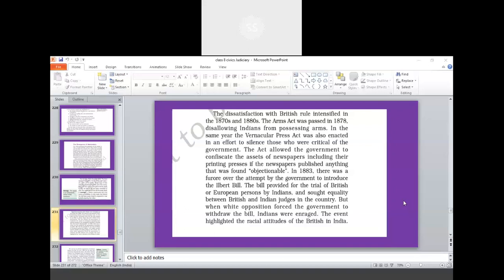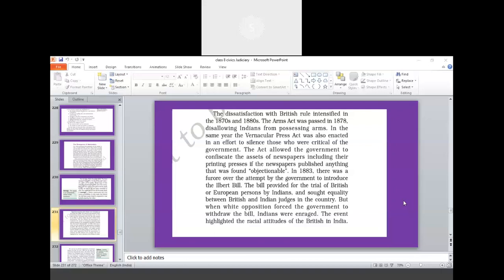According to the Vernacular Press Act, the local newspapers or Indian language newspapers were not allowed to print any news or comments which are objectionable or against the British rule.